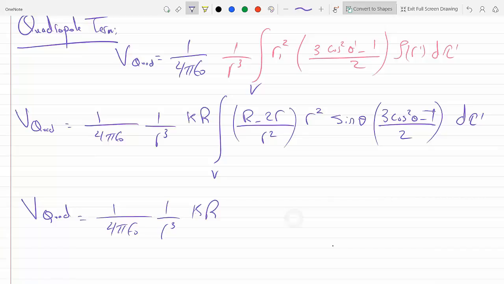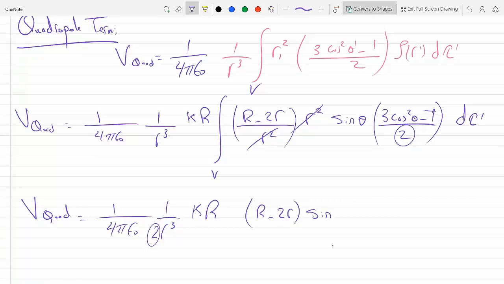I have r minus 2r. So if I bring out the half, I'm just going to put it here. So this 2 is this 2. And we have r minus 2r sine.